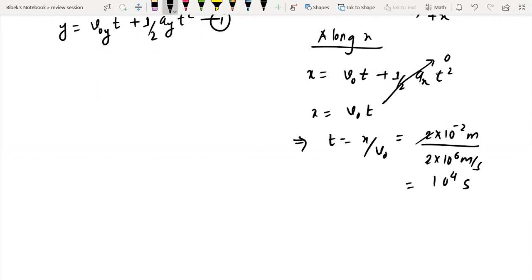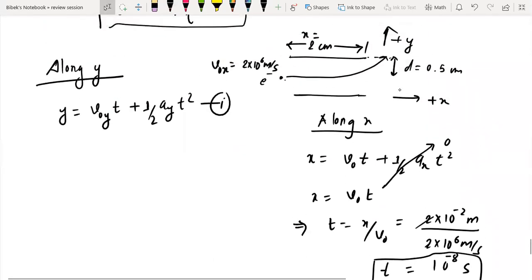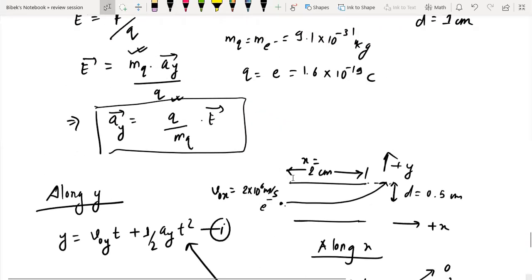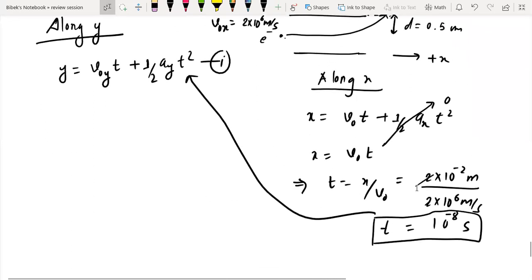Oh, no, 10 to the negative 8 seconds, because the positive exponent goes to the negative. That's your time of flight that the electron had. And this is the same time in which the electron also traveled this vertical distance of 0.5 centimeter.